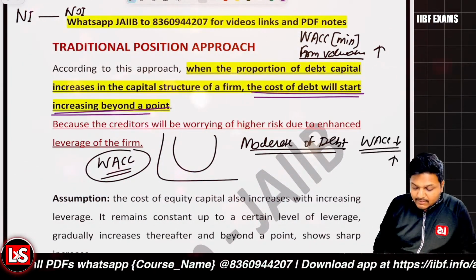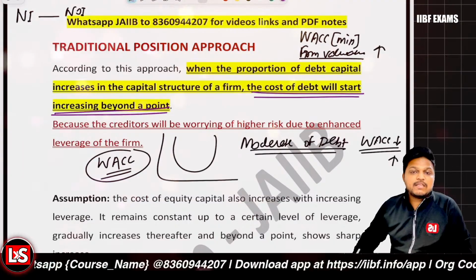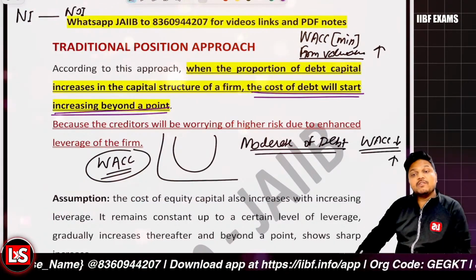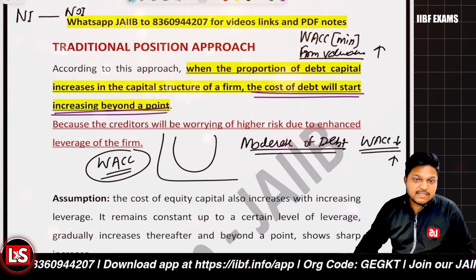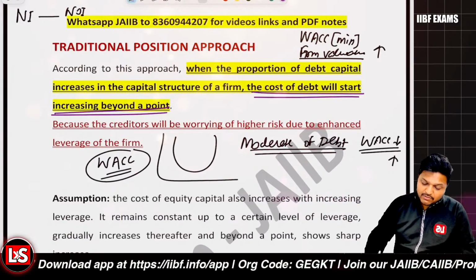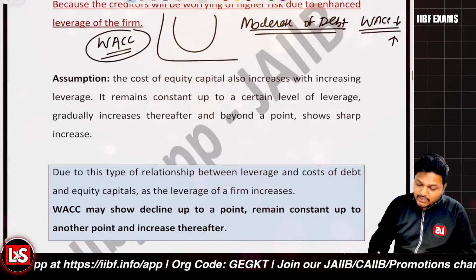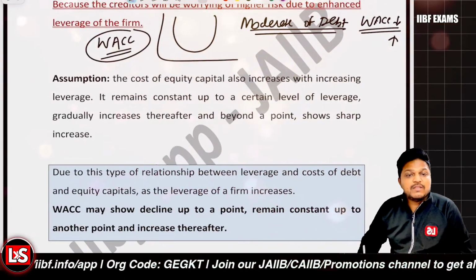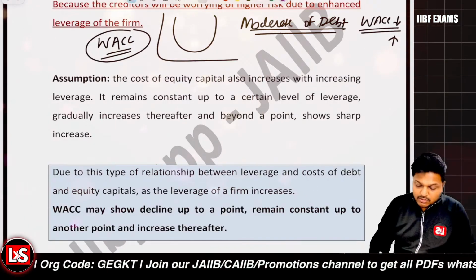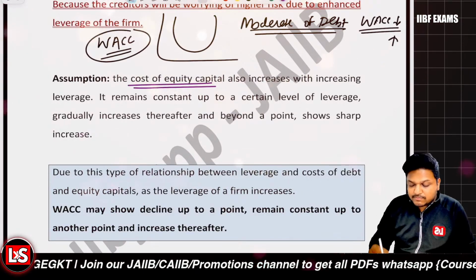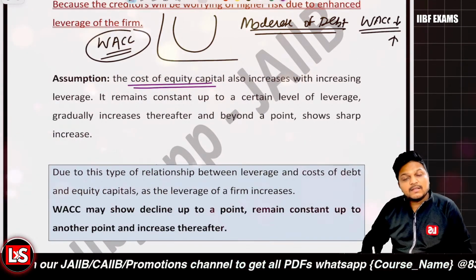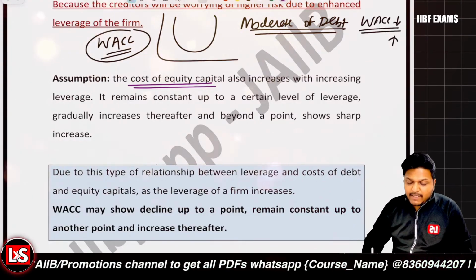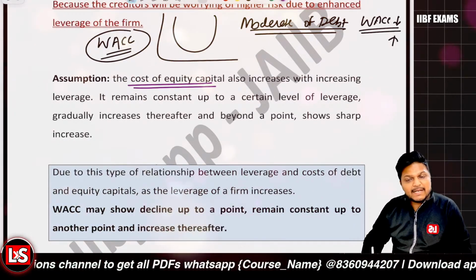Because when there is more debt, the creditors will be worrying more because more risk is associated with the leverage, right? So the cost of equity capital will also increase with the increasing leverage. It will remain constant up to some point, but gradually it's going to increase.